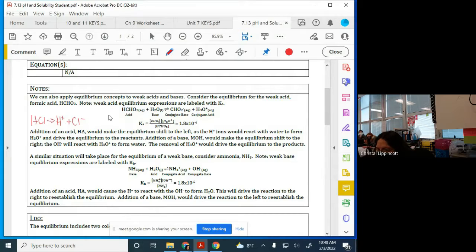That hydrogen ion then is going to hook up with one of these waters. So essentially you're pulling this guy out and forming more of this stuff. So this is going to increase. If that increases, then it's going to shift this direction. Yes. Okay.